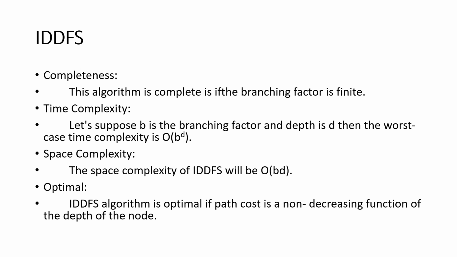That means all the step costs are equal. In such cases, IDDFS always finds the shallowest and least cost solution. And here we can say that IDDFS is complete for finite branching factor, has time complexity b to the power d and space complexity b into d, and is optimal when step costs are uniform.